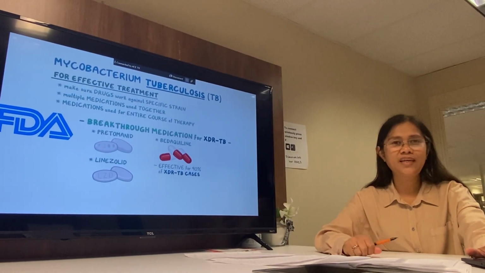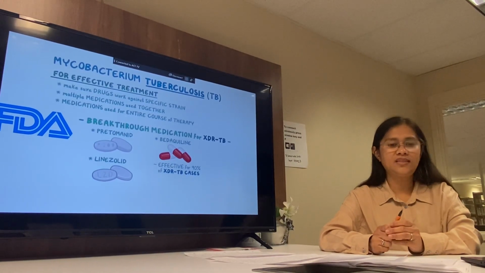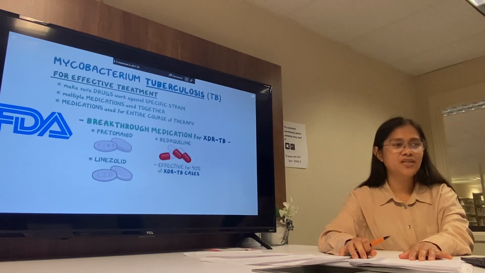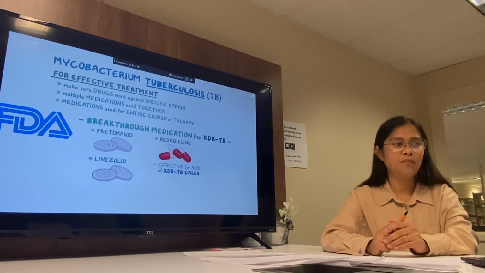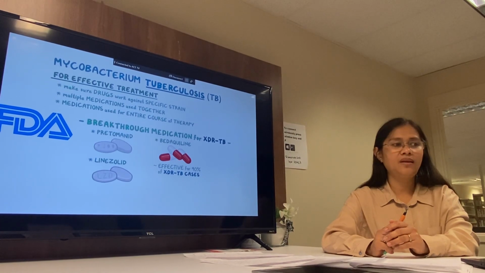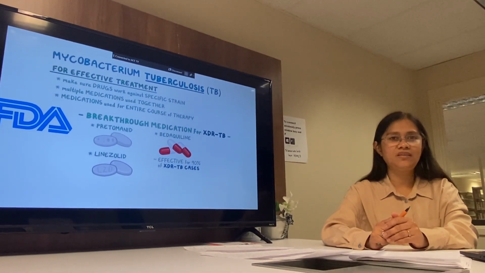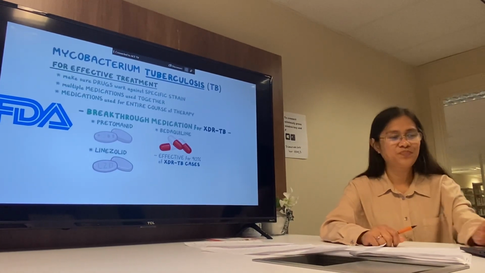According to the FDA, there's a breakthrough medication for the extremely drug-resistant strain, which is the combination of pretomanid, bedaquiline, and linezolid, which is 90% effective for these extreme strains.